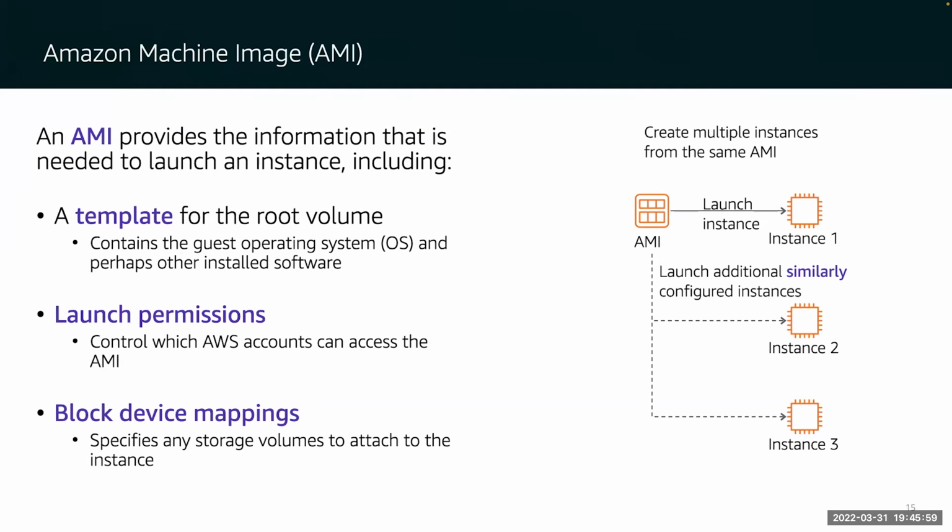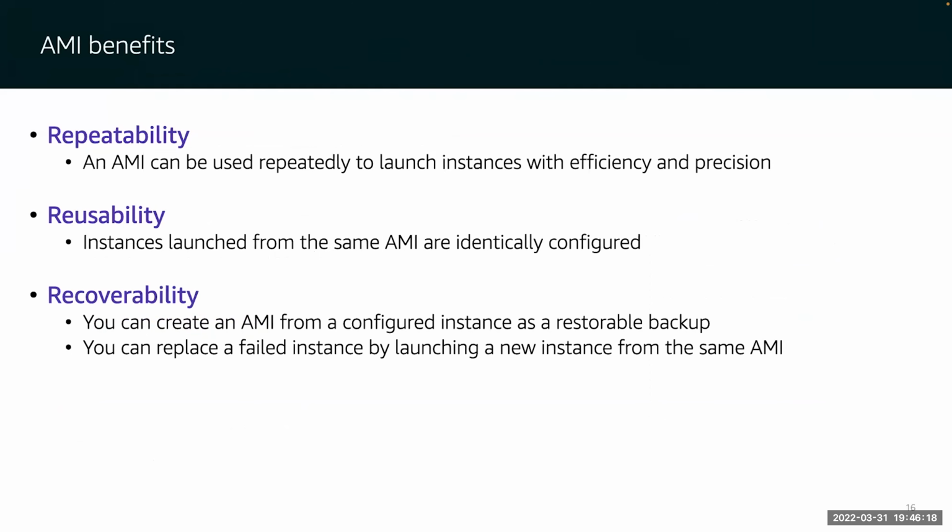You can also use different AMIs to launch instances when you need instances with different configurations. For example, you might have one AMI to implement web server instances in your architecture and another to implement application server instances. The benefits of AMI include repeatability, reusability, and recoverability.